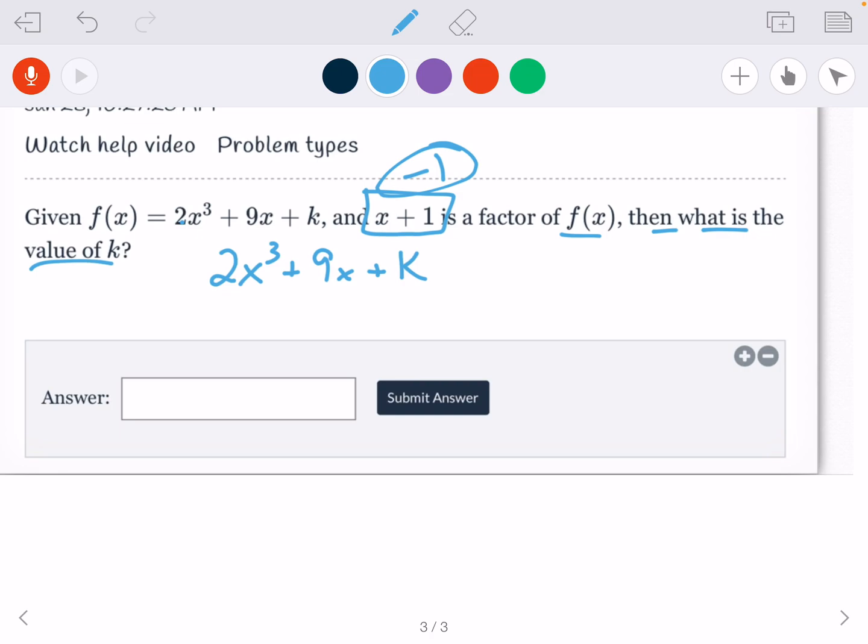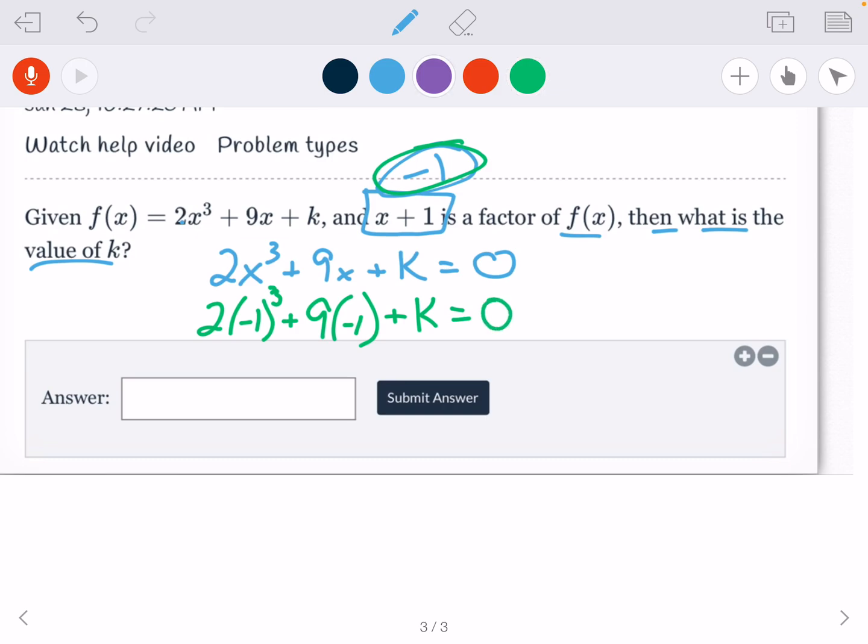Notice they're not giving me a remainder of 35 or 32. So in this particular case, all you do is set it equal to 0. We don't know what it is, and you're still solving for k. So I'm putting that negative 1 in for my x. Again, use your parentheses. If you put it in Desmos, the calculator calculates it. So plus k equals 0.